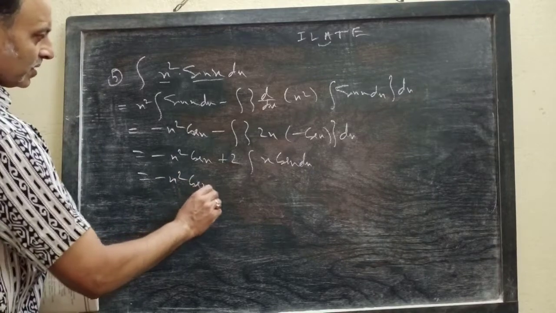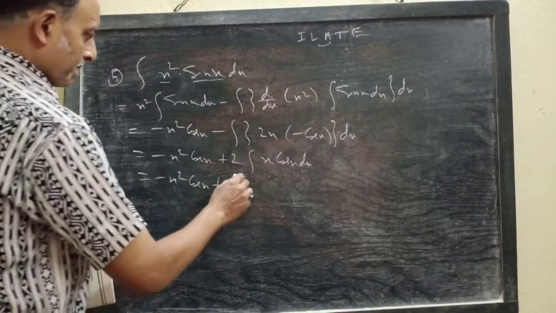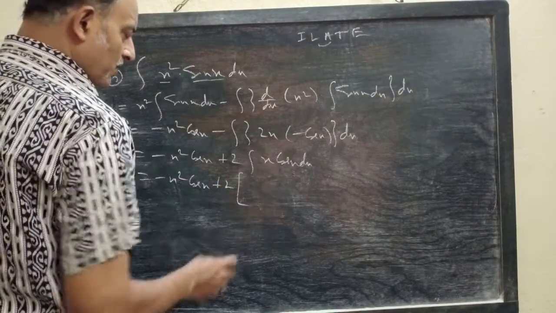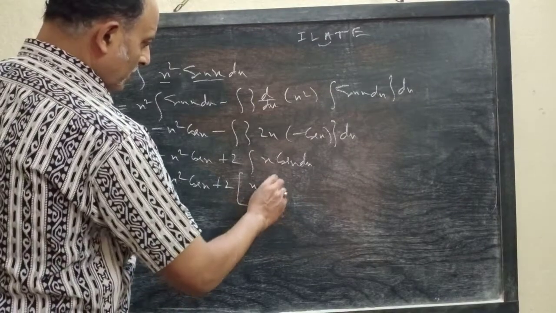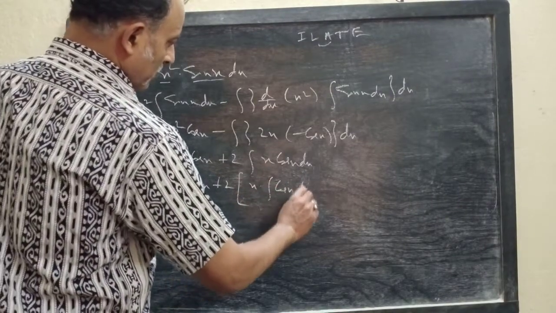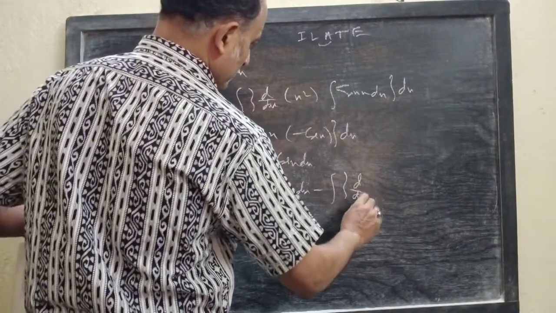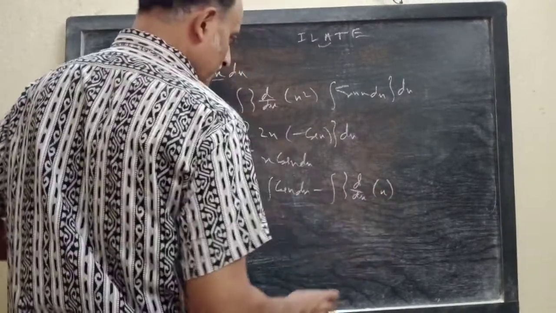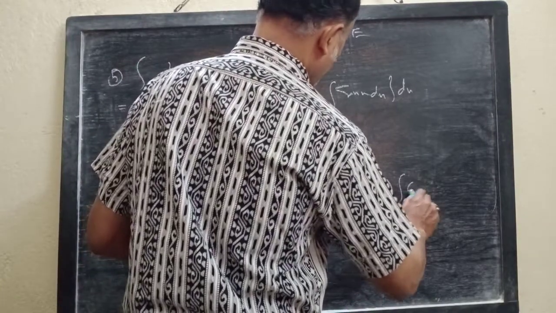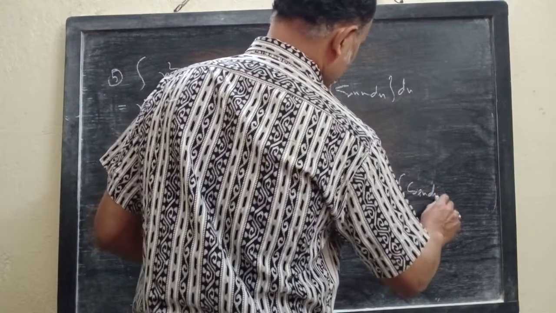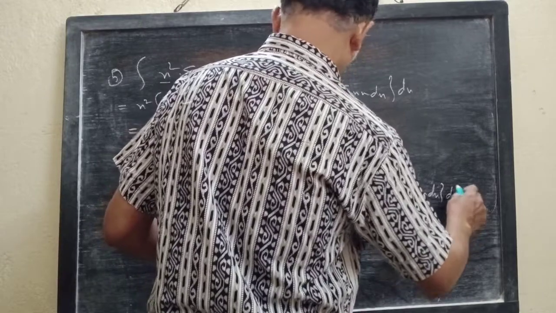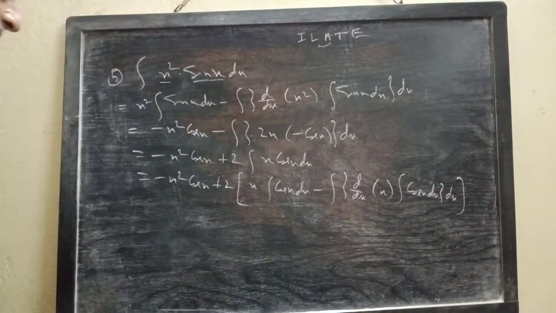Again by parts. So this will be x integration cos x dx minus integration, derivative of first function is 1, integral of second function, whole integral, and the third bracket will be closed here.